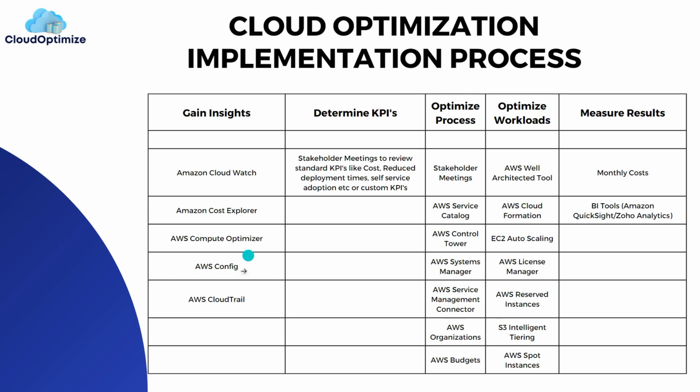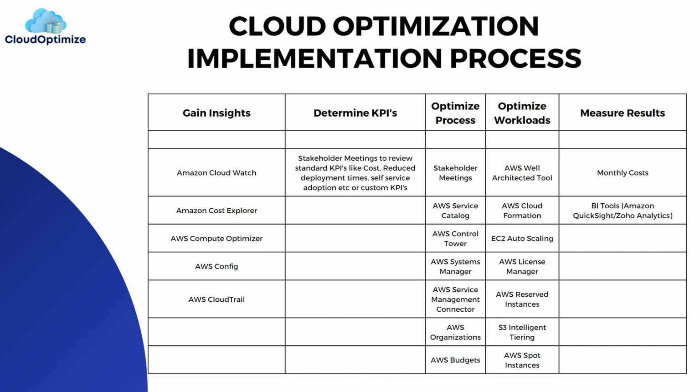Not every customer needs all of these. Based on the use case, we are going to implement them. First, we need to know what's happening. So in order to get the insights we need, we are going to implement a combination of these products to get all the insights that we need.